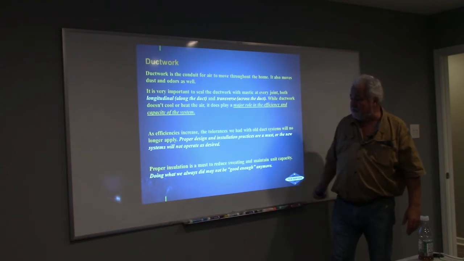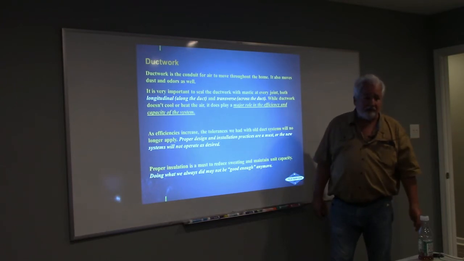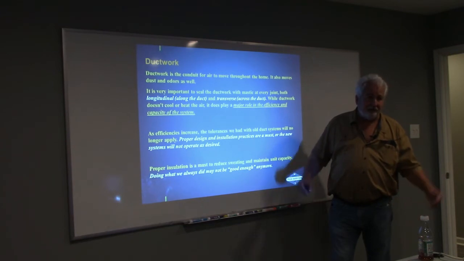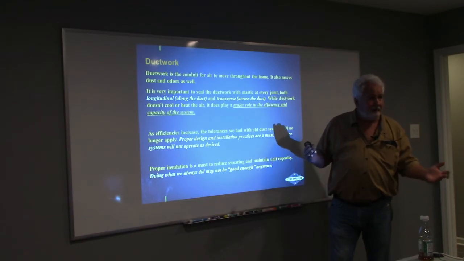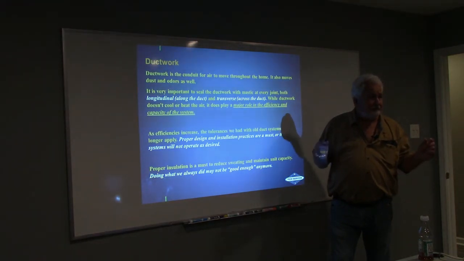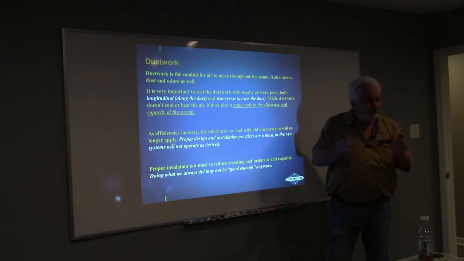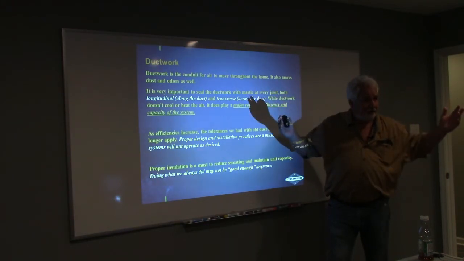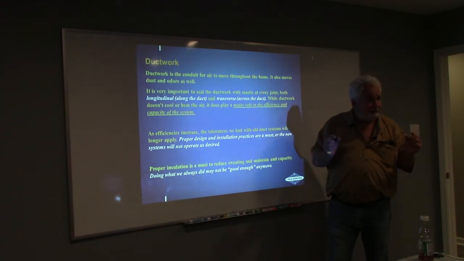Proper insulation is a must as well. The state of Louisiana says that all we have to have is R6. The rest of the country is on an R8. If the ductwork has less insulation on it, how fast is it going to see that 55 degree air go out to that 130 degree air if I only have this much insulation?